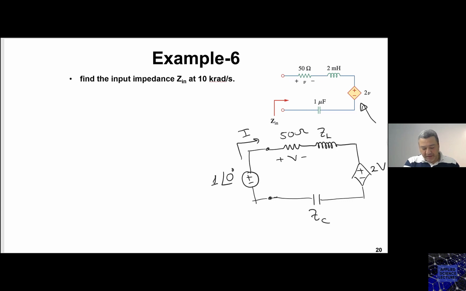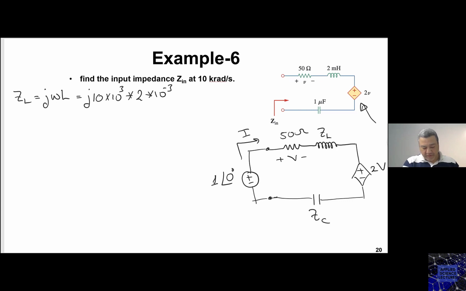So ZL as J omega L, where omega is 10 and L is 2.